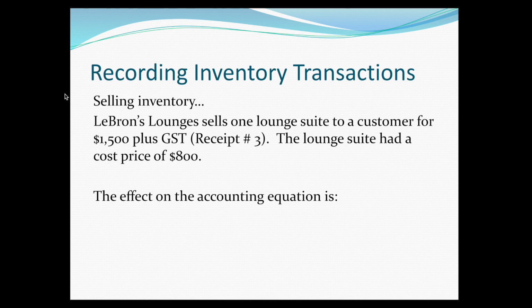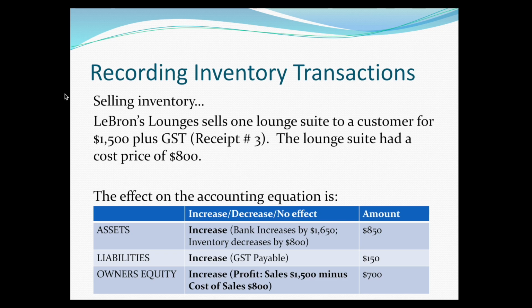With that previous example, I want you guys to pause the video and try it yourself before I say the answer. But yeah, the assets increase: the bank increases by 1,650. Remember, you're having the total amount, which is the cost price plus the GST. All right, so it's 1,650.